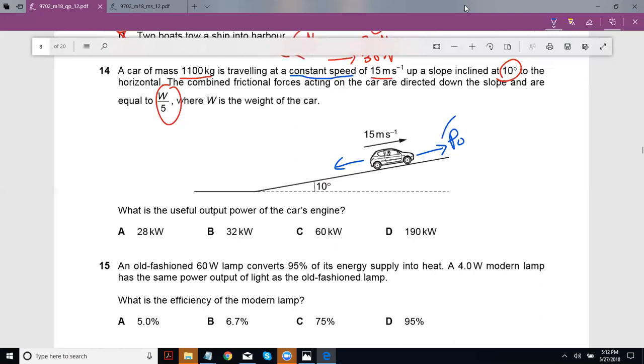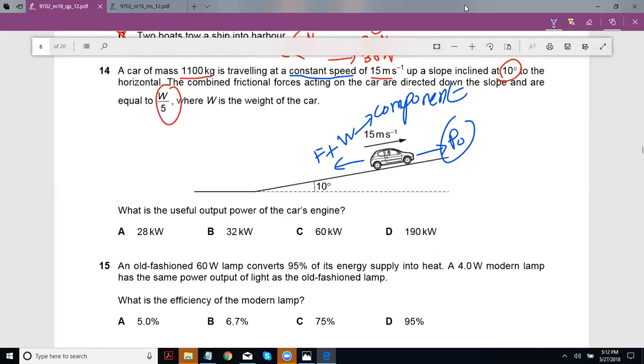The useful force applied by the engine to push it up the slope would be equal to your resistive forces down the slope, hence it's in constant speed. In fact, this would not just be your frictional force; it would also be some component of the weight down the slope as well. So there would be a few calculations to do here.